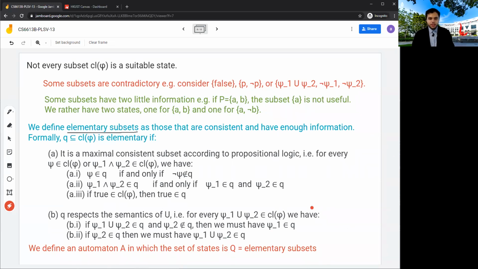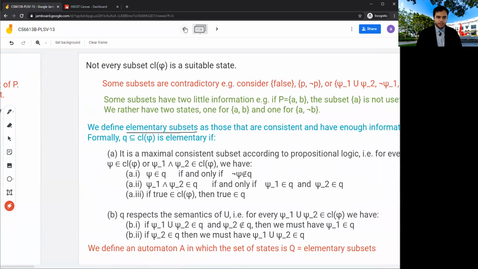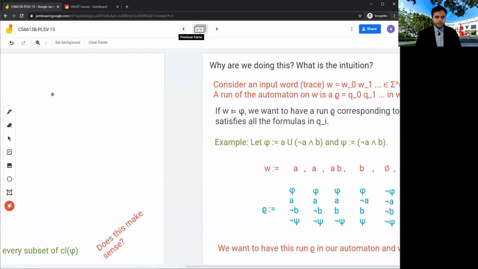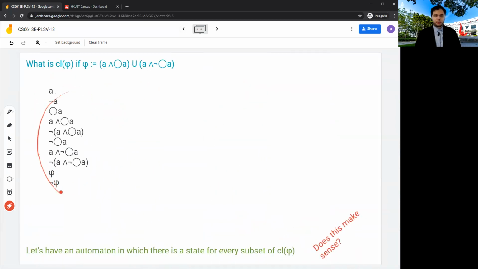So what did we do? We started with these different formulas that were basically obtained from the sub-formulas of the original formula and also their negations. And we said that we just take subsets of these and use these subsets as the states for our automaton. So if I have P formulas here, my automaton can have up to 2 to the power of P different states.